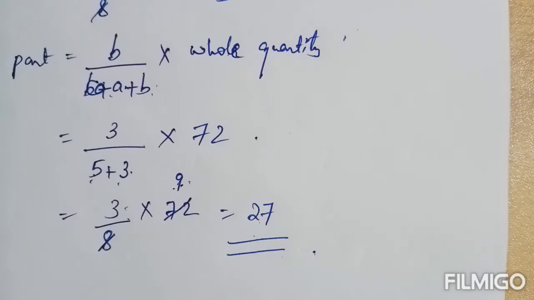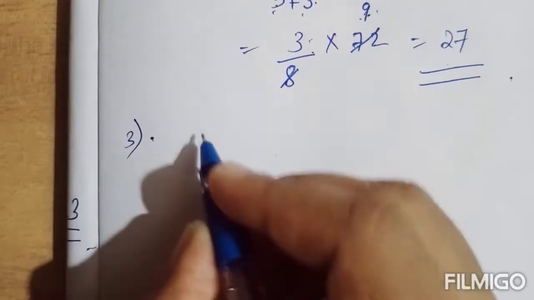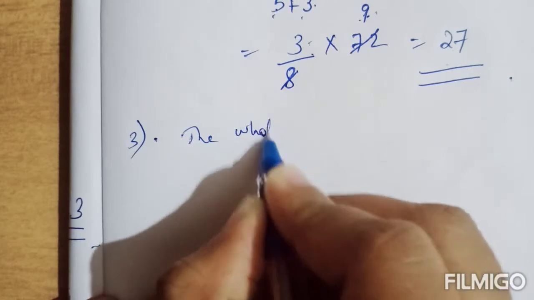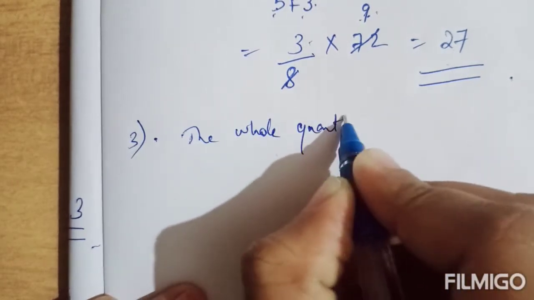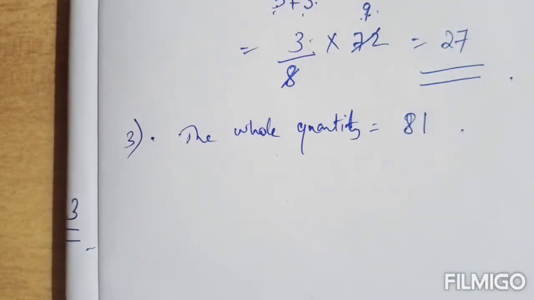Okay. Now third question: divide 81 into 3 parts in the ratio 2 is to 3 is to 4. So 81 we have to divide in the ratio 2 is to 3 is to 4. The whole quantity, here what is the whole quantity? We have to divide 81, so 81 we can take as the whole quantity.